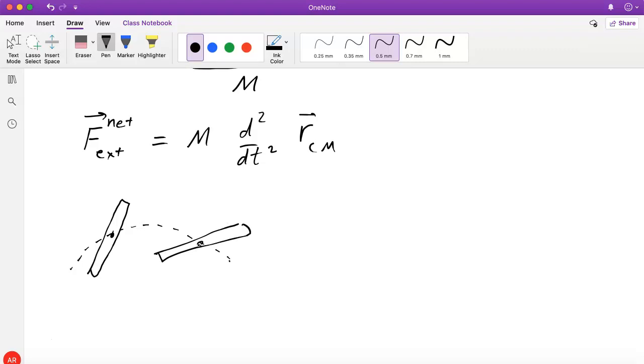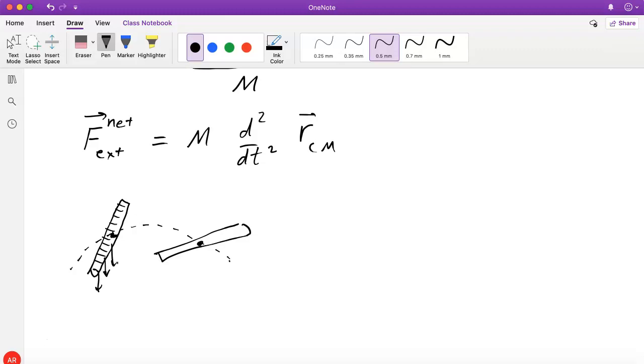But if you just focus on the center of mass of this object, well, it moves like a point particle under the influence of gravity, right? So if you break up the rod into a lot of little pieces, each piece is experiencing only one external force, the gravitational force downward.